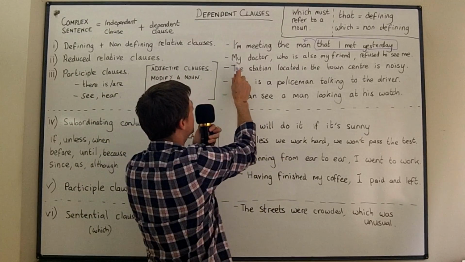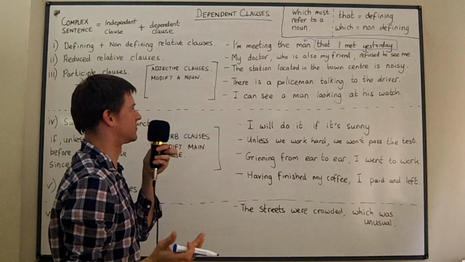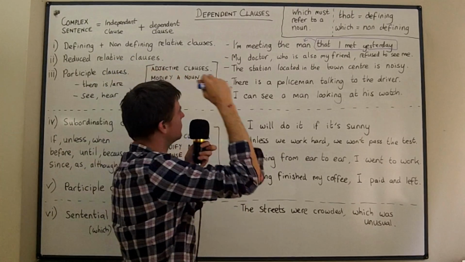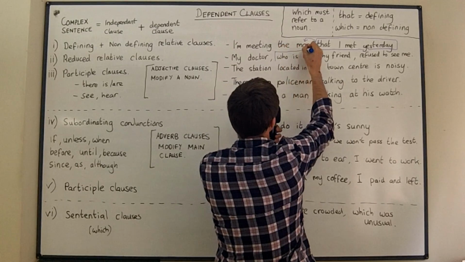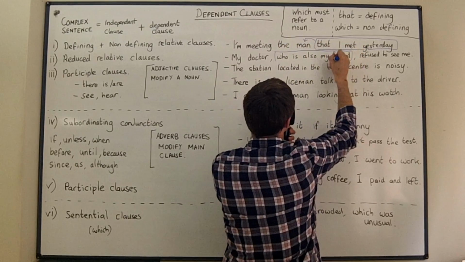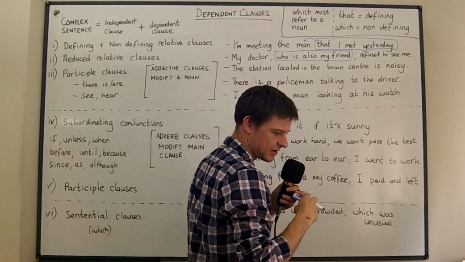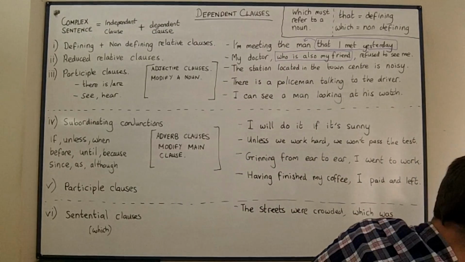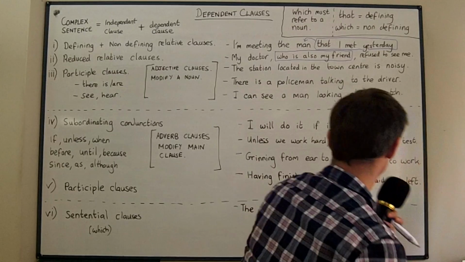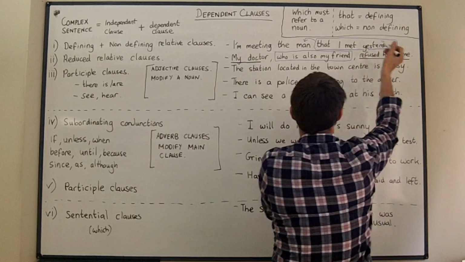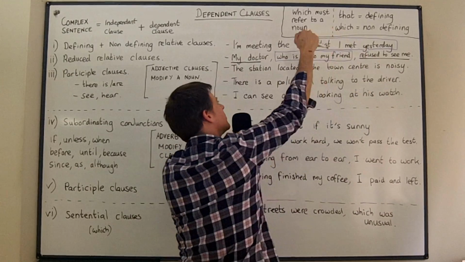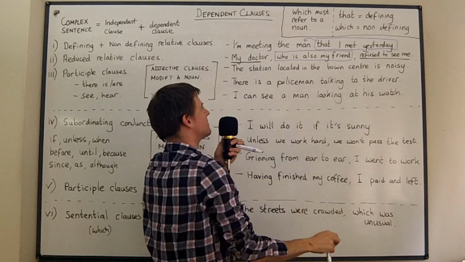Now, the next one is a non-defining relative clause. And here we've got my doctor, who is also my friend. Here's the subordinate clause, who is also my friend. But the main clause would be just... Hold on, I'll find a black pen. The main clause is here. My doctor refused to see me. That's the main clause. And the subordinate clause is inside the main clause.